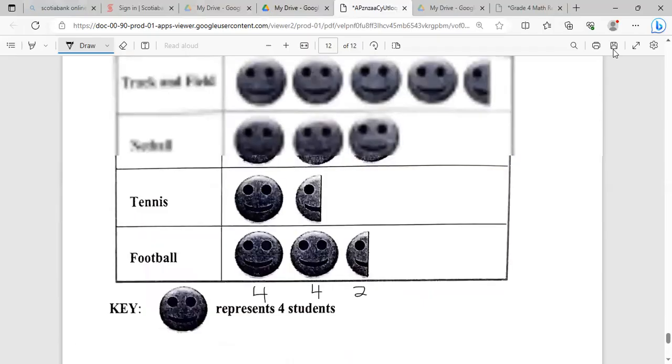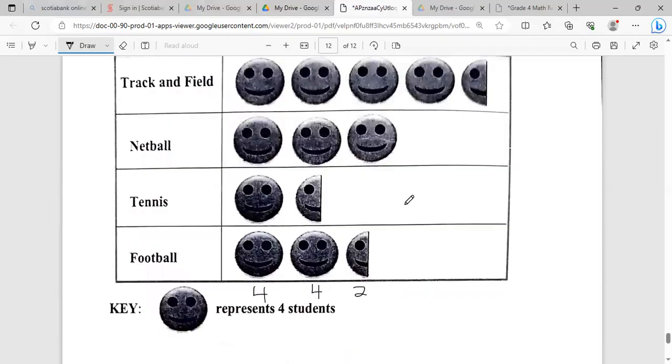Tennis, so it's 4 and 2, 6. Which one of them came up to 12? Twice 6, so this will be 4 plus 4 plus 4. So it will be netball. All right, so this is 12, and 12 is twice 6.